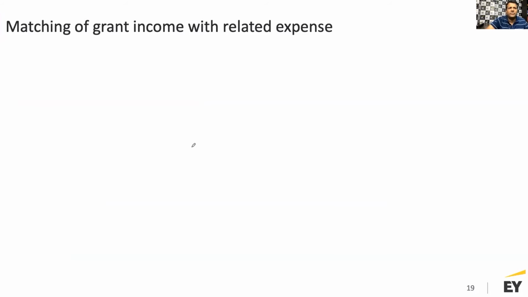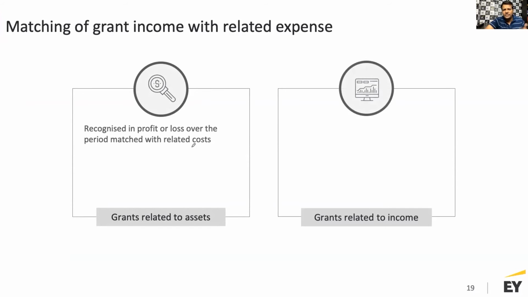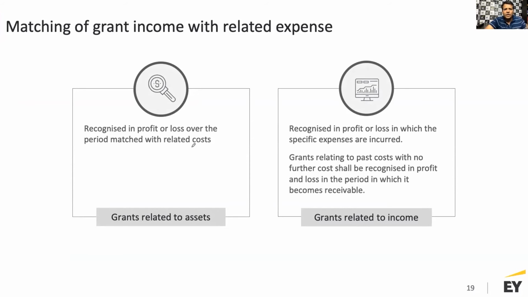Let's look at the matching of grant with related expense. Recognize in profit or loss over the period matched with the related cost if it is related to an asset, and if it is related to income, recognize in profit and loss when the specific expenses are incurred. So if it is related to assets, you look at it over the period matched with the related cost for that asset.